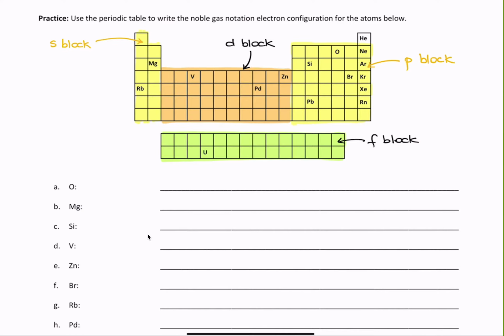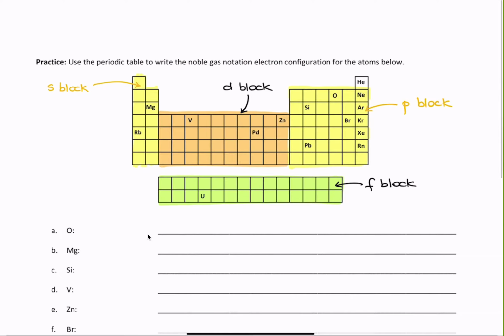Before we move on, I want you to remember that on level 1, you find only the S sublevel. On level 2, you find S and P. So P only starts at 2. On level 3, you will find S, P, and D. So D only starts at 3.